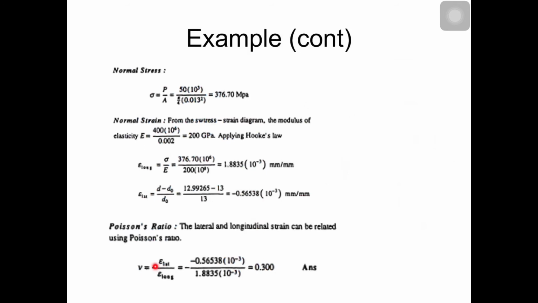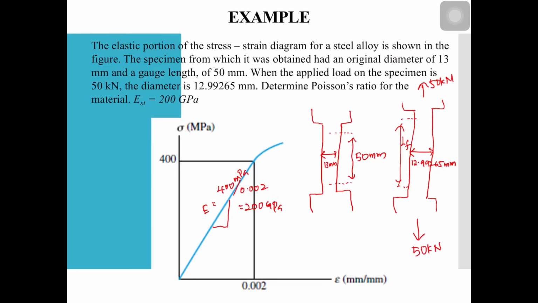So they're asking for the Poisson ratio. Remember, Poisson ratio is minus epsilon lateral over epsilon longitudinal. So which one is lateral?